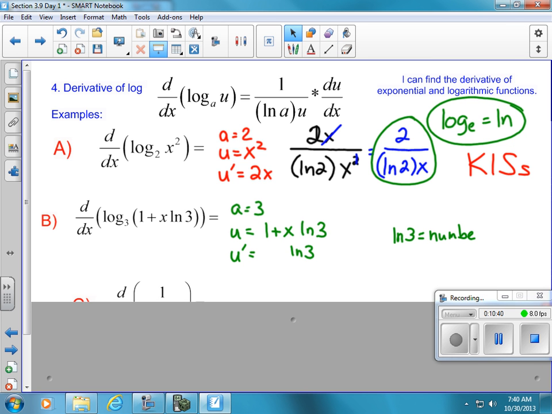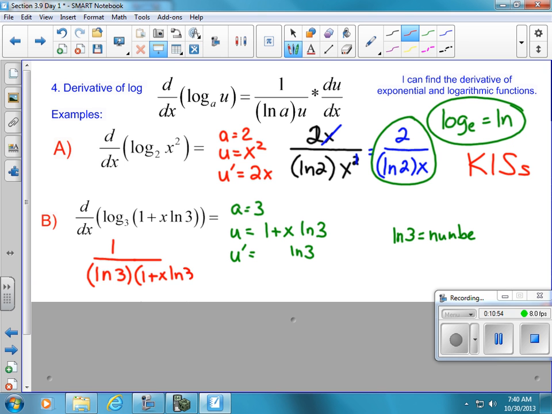So let's just plug into our equation and see what we get. 1 over ln of 3, which is ln of a, times u. U is 1 plus x ln of 3, times the derivative of u, which is ln of 3. I changed that 1 to an ln.